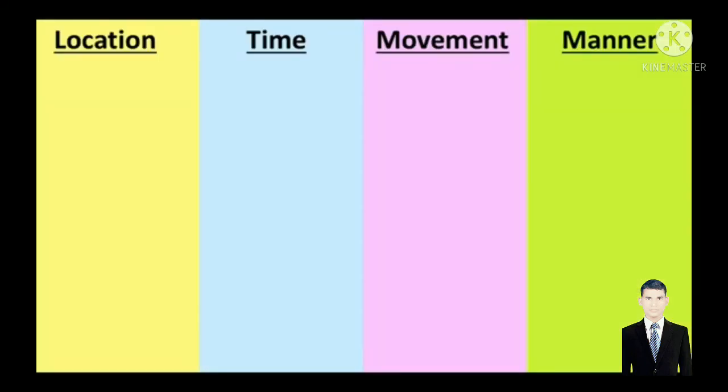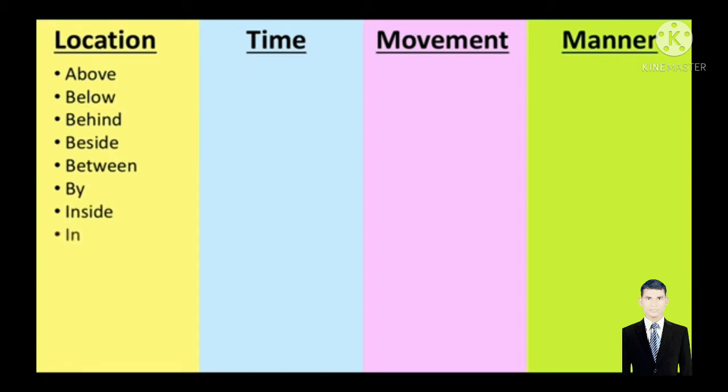So we can split prepositions into four categories, depending on what the preposition is describing. We have location, time, movement, and manner. So the common examples of prepositions of location are above, below, behind, beside, between, by, inside, in, near, on, over, under, through.